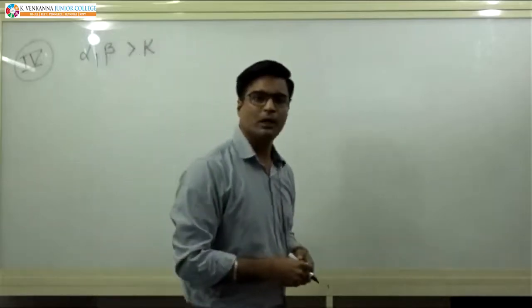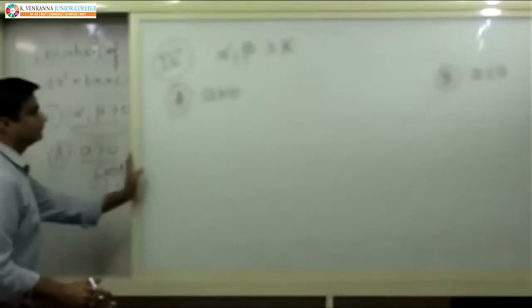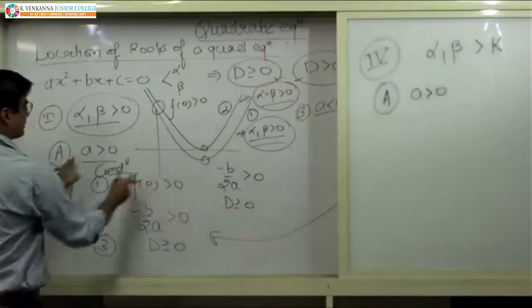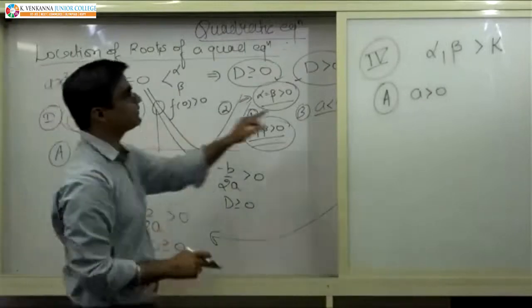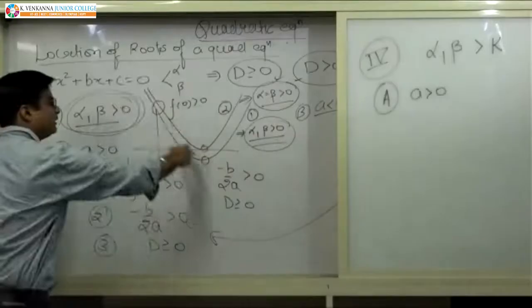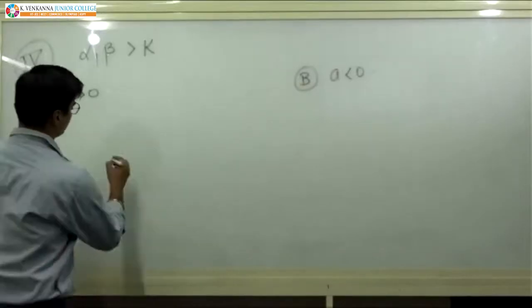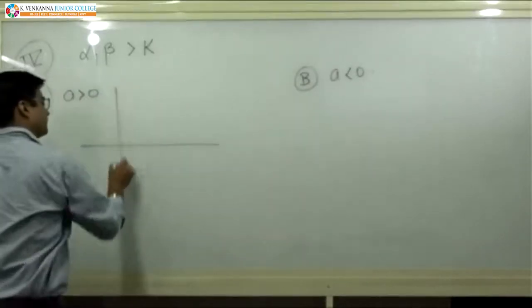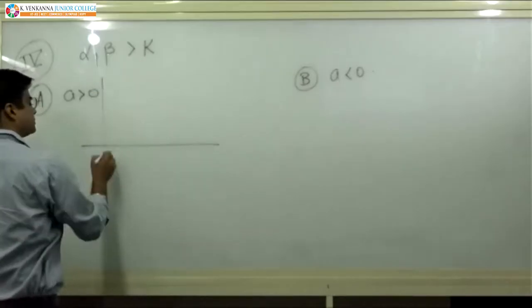Again we will take two cases: A is greater than 0 and second, A is lesser than 0. So remember this figure, our alpha beta both were greater than 0. Now instead of 0 we have greater than k. The curve will look like something like this. So just, let's say this is your origin.